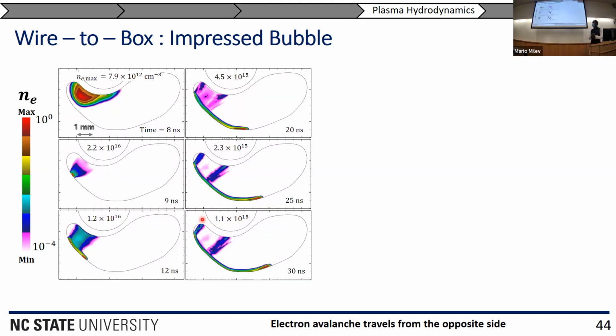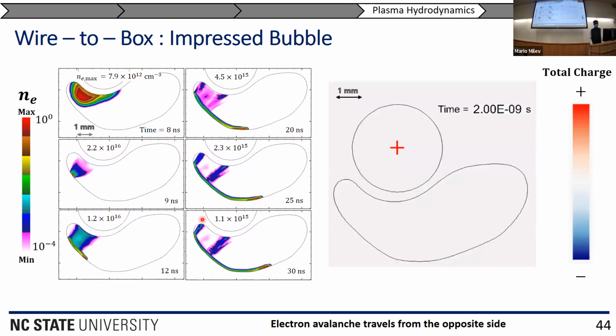And so for those of you that are not totally used to seeing streamers, I have something that might help. So the electrode is positively charged. And so if we're just looking at the total charge, what's going to happen is the electrons are going to be attracted to that giant positive electrode and leave positive space charge in the bubble.